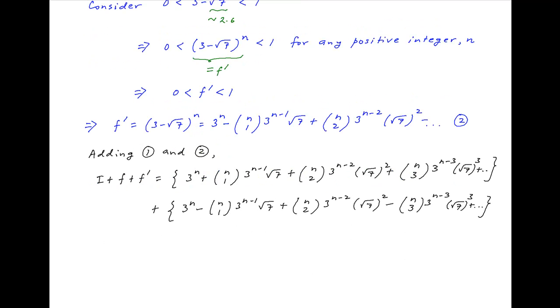On the right hand side, all the even numbered terms cancel out, and we're left with 2 times, in brackets, 3^n + nC2 · 3^(n-2) · (√7)^2 + and so on.